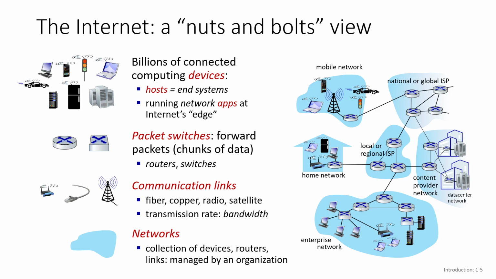You have an enterprise network like the VITS network, for instance, right? VITS provides internet for all of us within VITS. And then you have the regional internet service provider. Then you have the other ones. So this is what we call a full network, and it's a subset of the internet.